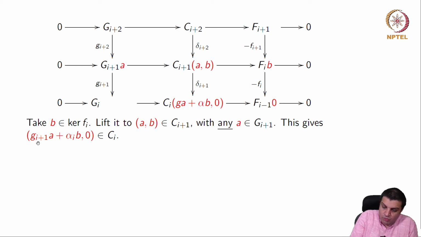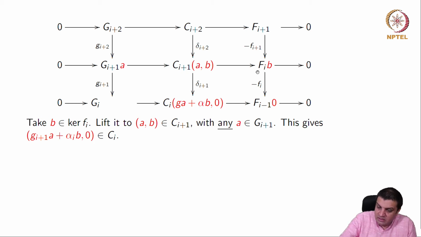So what we have is Gi plus 1 applied to a plus alpha i applied to b. To conserve some space, I have just called it Ga plus alpha b. But usually after a while, keeping track of these indices, unless there is a pressing need for it, one understands that this is after applying the correct G in the correct degree. So this is Ga plus alpha b. So we get an element here.